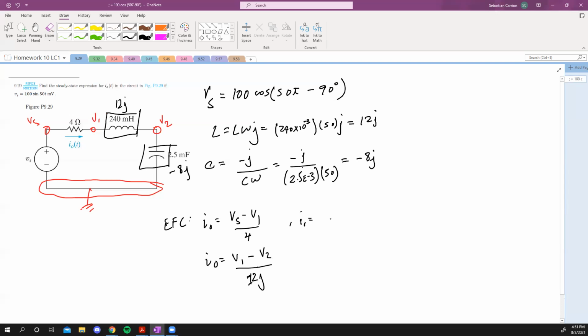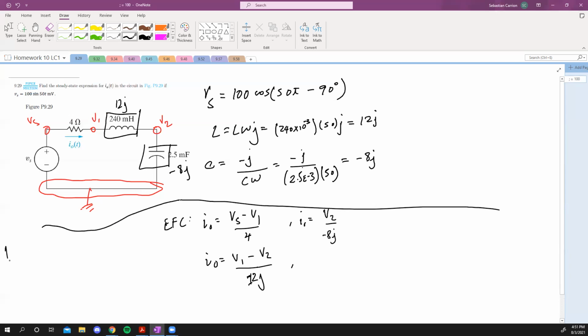I naught is equal to V2 over negative 8J. Okay, and so everything here is going to be plugged into Maxima. Our variables are Vs, V1, V2, I naught, and we know our Vs, so we'll just plug that in.